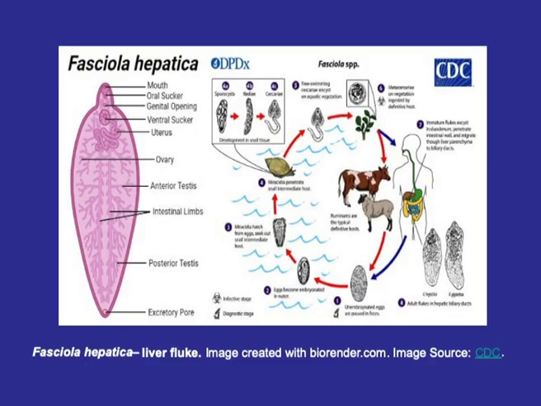So, this is the structure and life cycle of Fasciola hepatica. It is a flat, leaf-like structure with a conical projection at the anterior end. It has an oral sucker and a ventral sucker, and in between these two there is a genital opening.